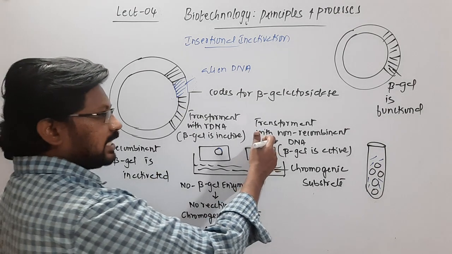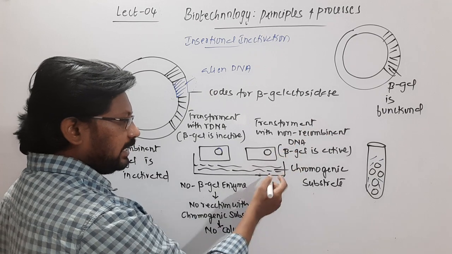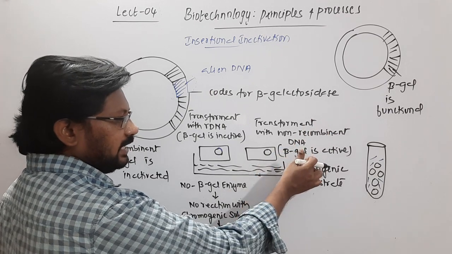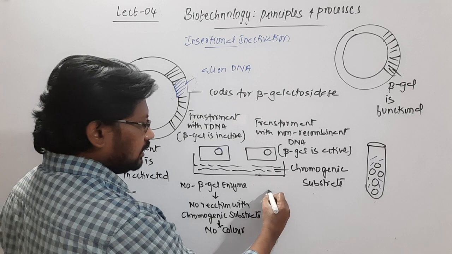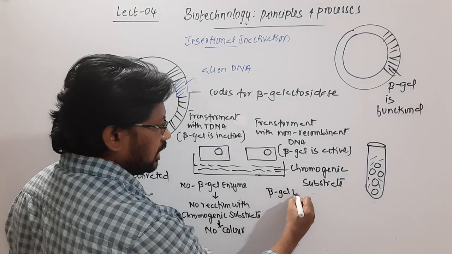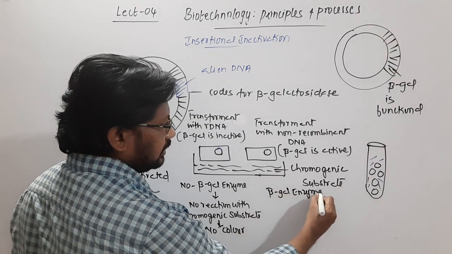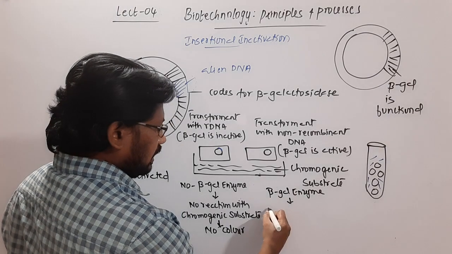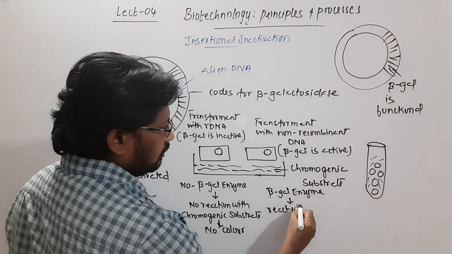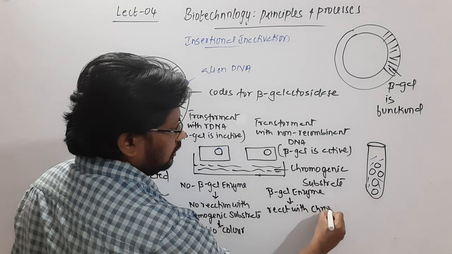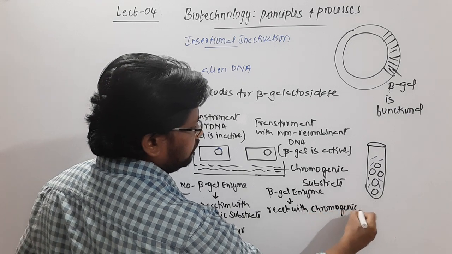Now coming to the transformant with non-recombinant DNA, in that the beta gal is active. The beta gal enzyme is present, and that will react with the chromogenic substrate.